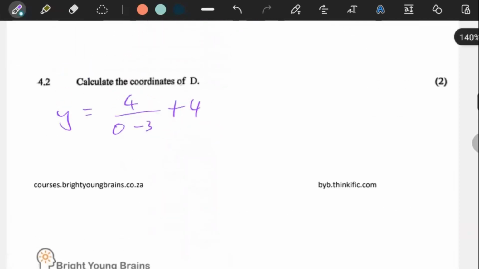Then it means you're going to have 4 over 3 as a negative value. Then y is equal to negative 4 over 3 plus 4. That's 8 over 3, right? 8 over 3. There you go, 2 marks.